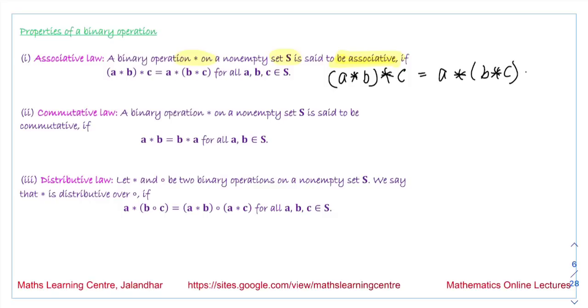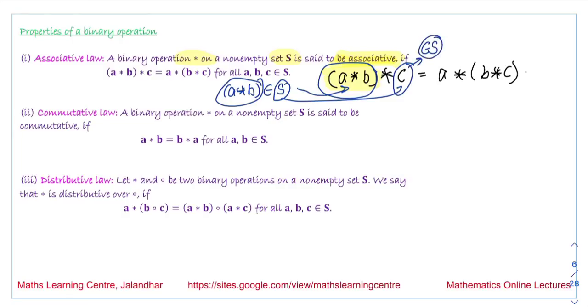What this means is that first we perform the operation A star B, and then we obtain some answer. It is a binary operation, so whatever answer we obtain from A star B will be in S. Again for S, with this element A star B and C, we can apply the operation, and the answer we obtain will be in S, because the star operation is given to be a binary operation.